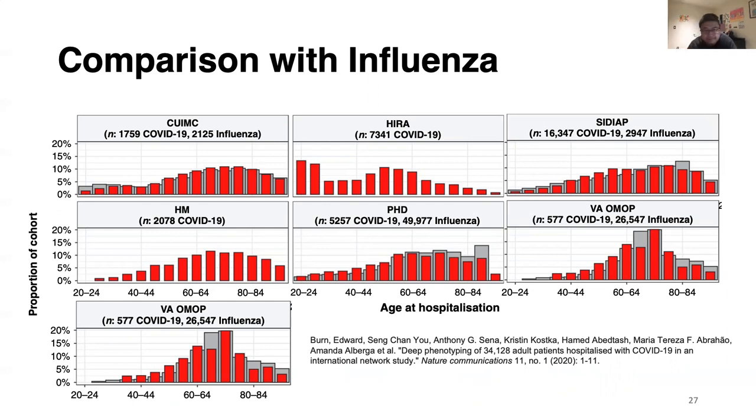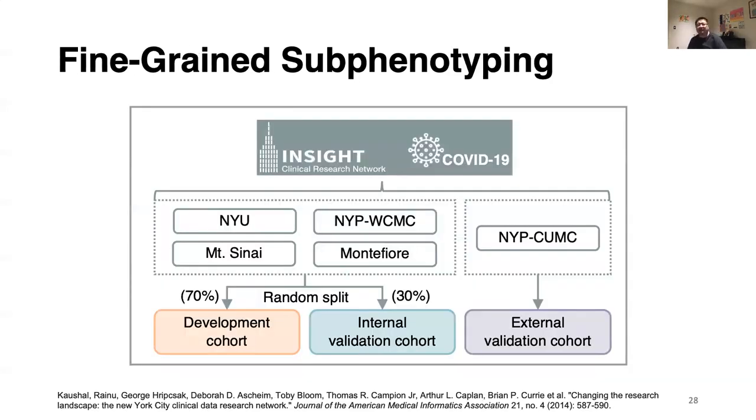From this you can see that there is some distribution discrepancy between the patients who are hospitalized because of COVID-19 and influenza. But this work is just some epidemiological characterization of the COVID-19 patients who are hospitalized.